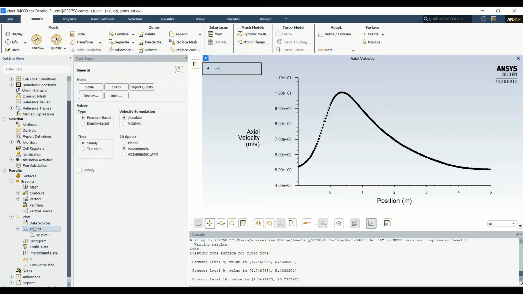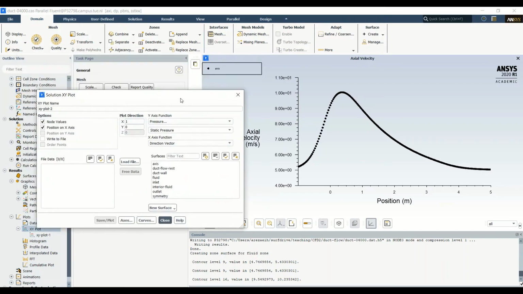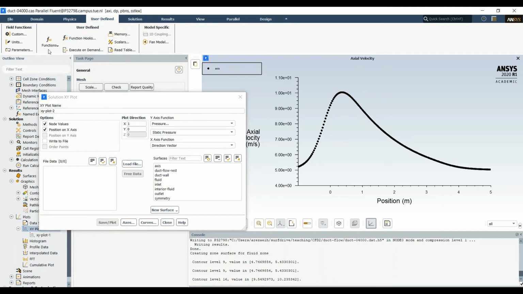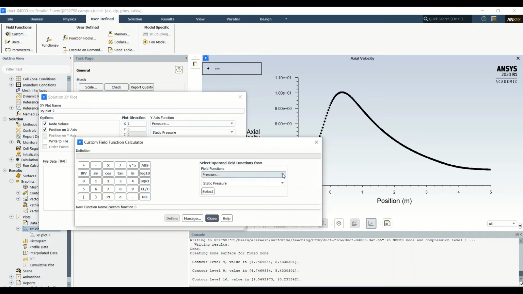If you want to check, for example, the amplification factor, which is the velocity acceleration with respect to the free stream velocity, we can create a simple equation here using the custom field equation, and then you can select the axial velocity and divide it by 5, which is the free stream velocity, and I name it amplification factor.